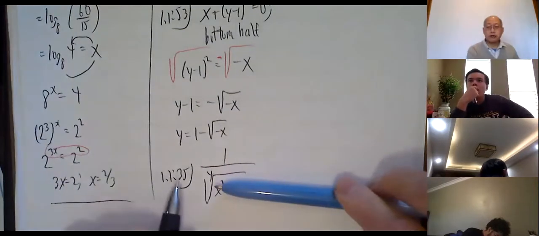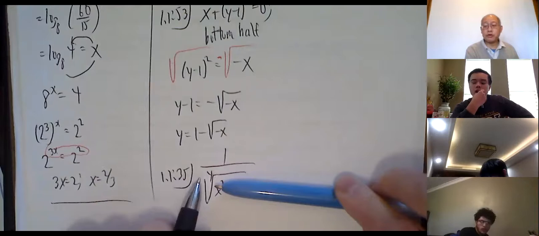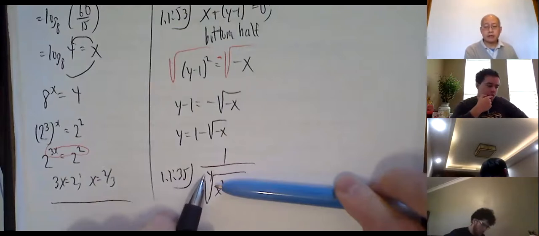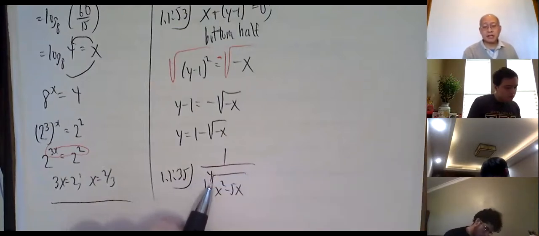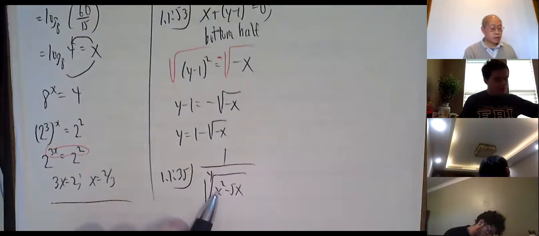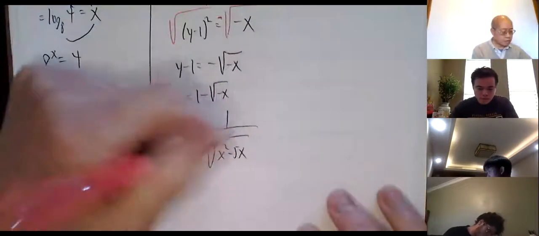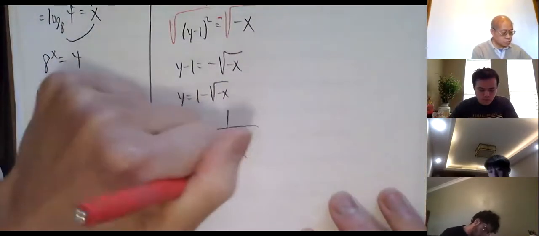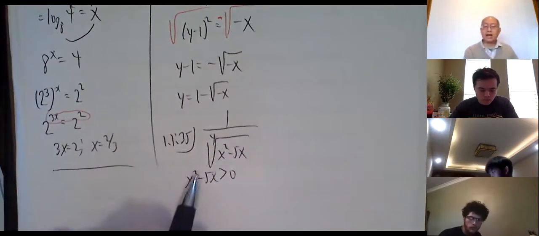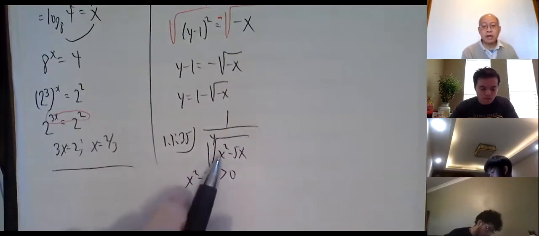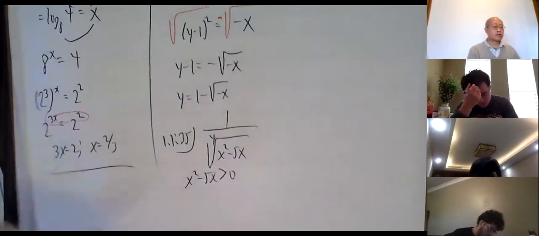It's a fourth root. We're not allowed to take the fourth root of negative numbers. And because it's in the denominator, I'm not allowed to have 0 either. So I need to solve x squared minus 5x is strictly greater than 0. I cannot take fourth roots of negatives, and I can't have 0 in the bottom. So I'm solving this essentially.